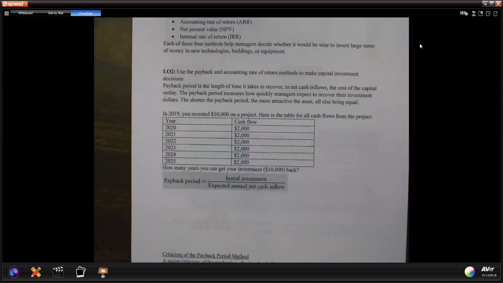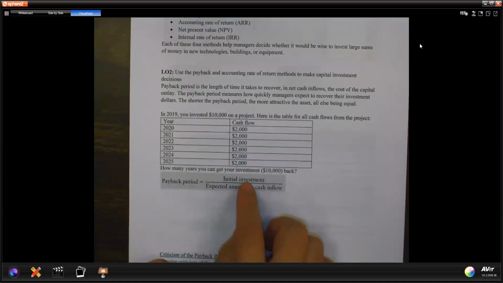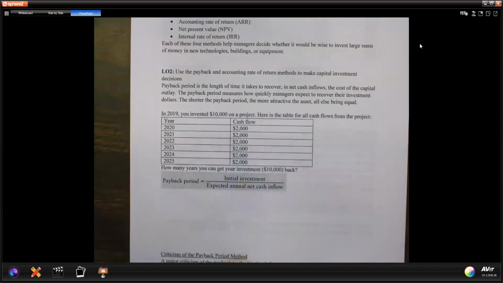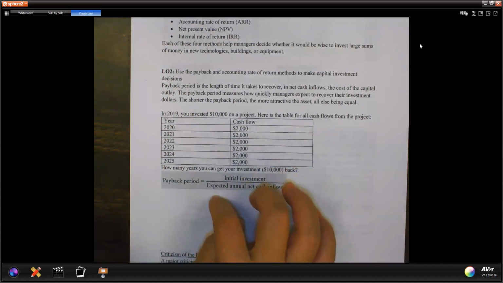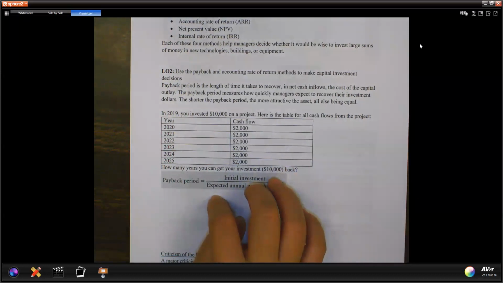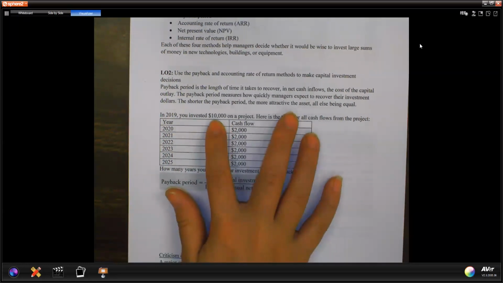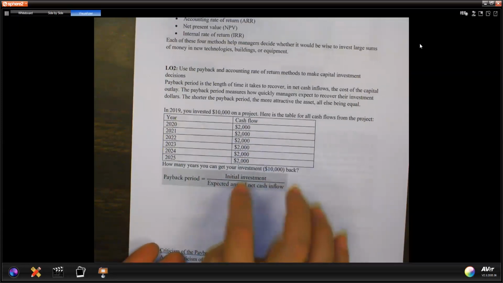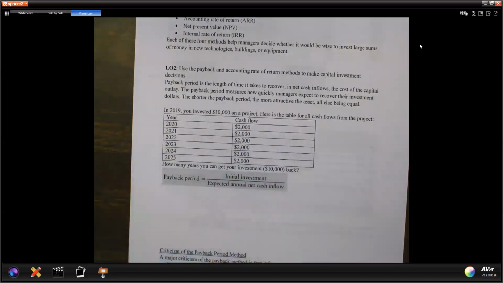That's all you need to do for this class. But there are other situations. You get 2,000 the first year, 3,000 the next year, 10,000 the next year. If that's the situation, you cannot use this method. So you invested 10,000, you got 2,000 every year, so it takes you 5 years to get all of your money back.